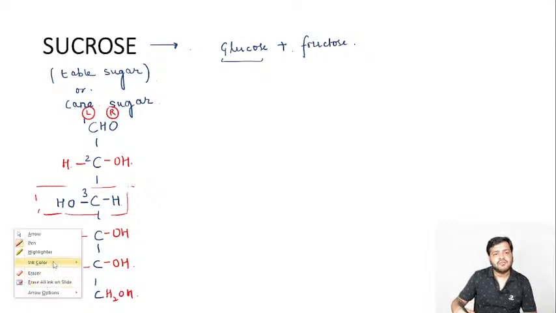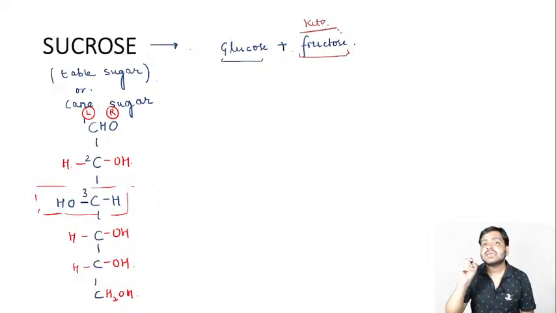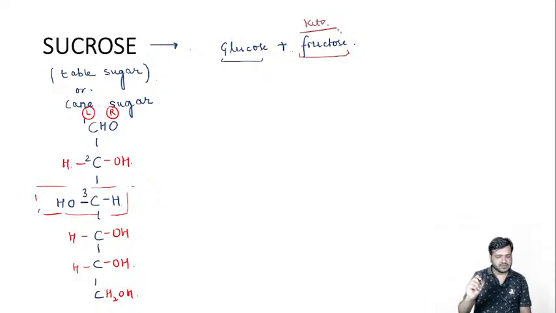Apart from that, now we are trying to draw the fructose. Fructose, you already know it is a keto sugar. Now can anyone tell me, कि keto वाला ग्रुप कौन से कार्बन पे प्रेजेंट होगा?